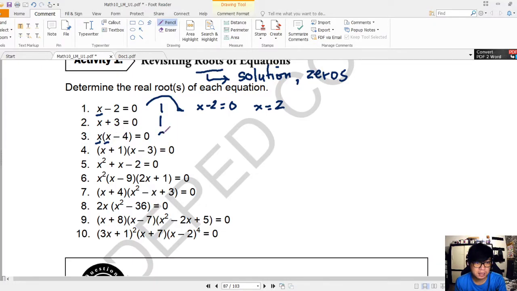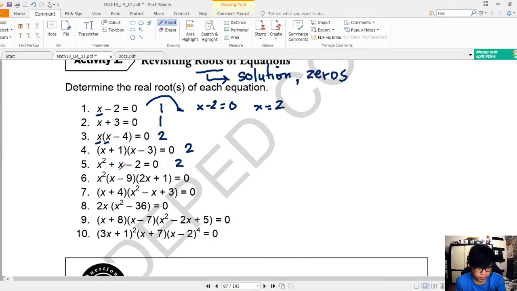Ibig sabihin, there are 2 roots, real roots. For number 4 naman, dalawang x, or if we're going to multiply x times x naman, x squared. So, dalawa yung ating roots dito. For number 5, there are also 2 roots.